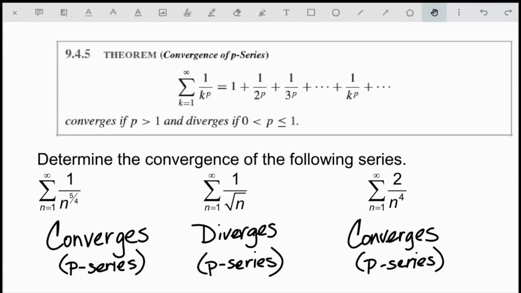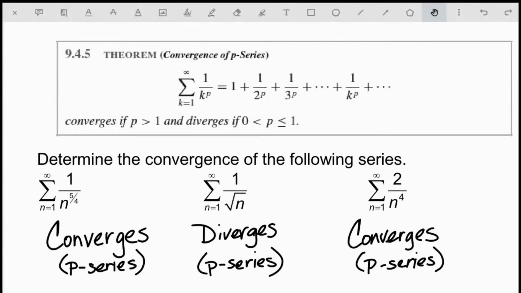And then we've got 2 over n to the fourth, which again is going to converge. Now notice we don't have a 1 in the numerator, but you could just factor the 2 out of the summation. So even though we've got a 2 there, it doesn't make a difference in the end in terms of the p-series test. So since I have an n to the fourth, I know it's going to converge by the p-series test. So it's a very, very easy test to use when it's appropriate.